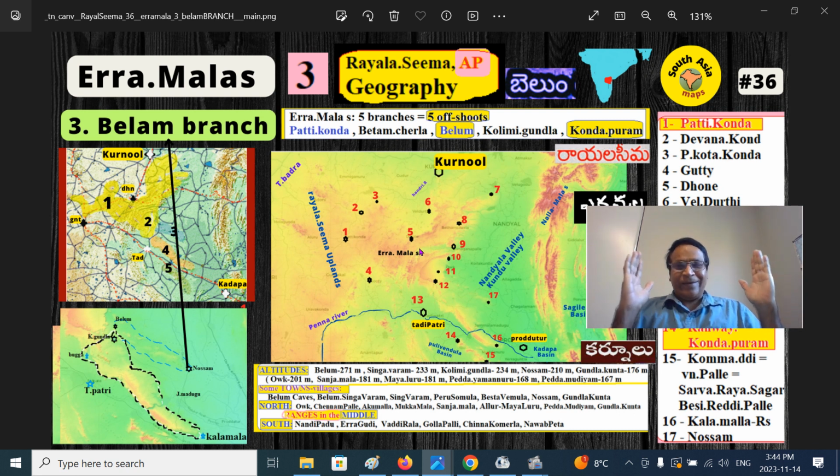Fascinating heartland of Rayalaseema, the Erramalas in the ceded district of Seemandhra Pradesh of bifurcated Andhra Pradesh, in the Deccan region of Mother Bharat. That is what we looked at today.